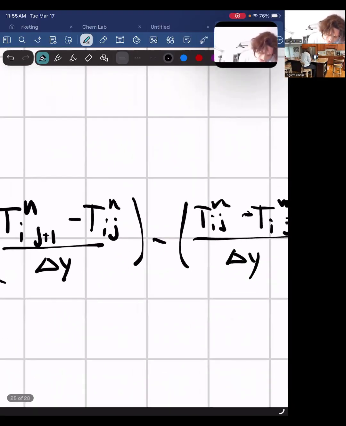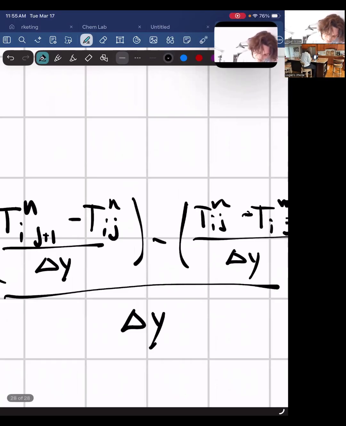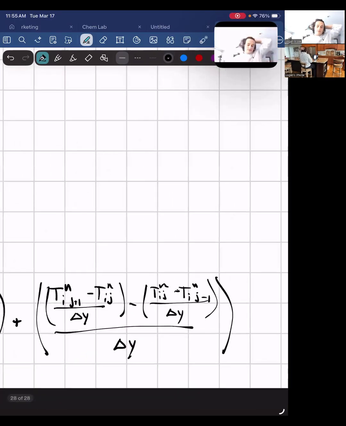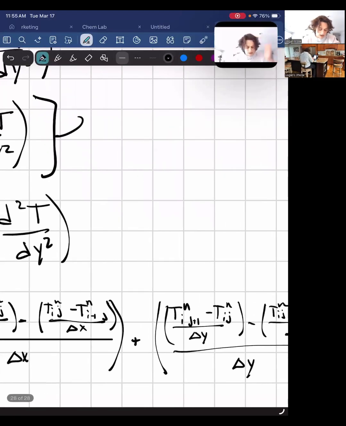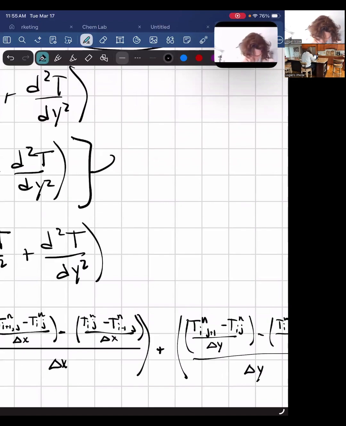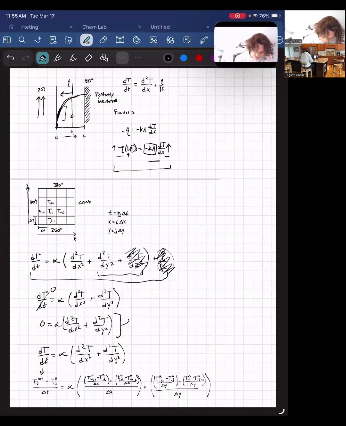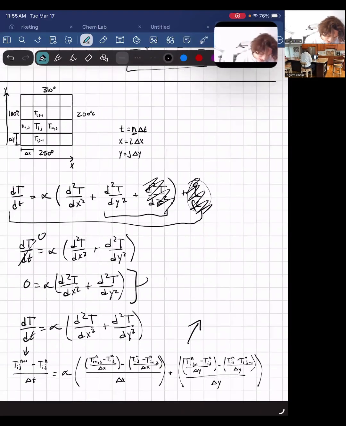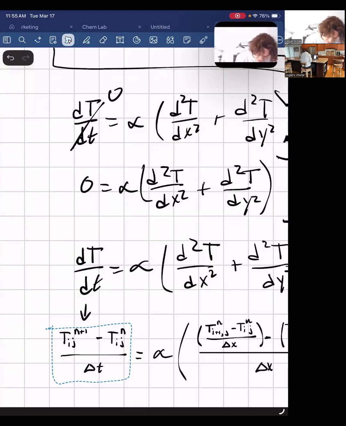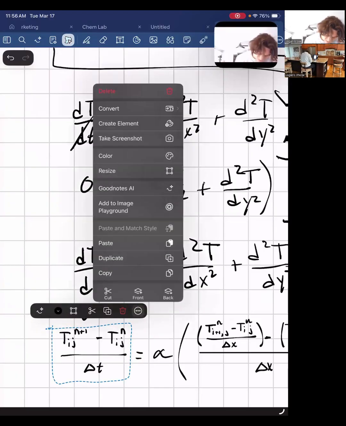And then still second derivative, so it's another delta y. So when we're looking at this, we can simplify this down a little bit. We're going to go up here. And so we'll take this. This section here does not change. So we'll copy this.